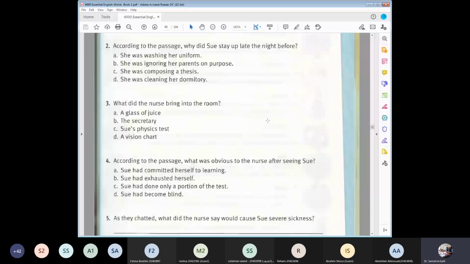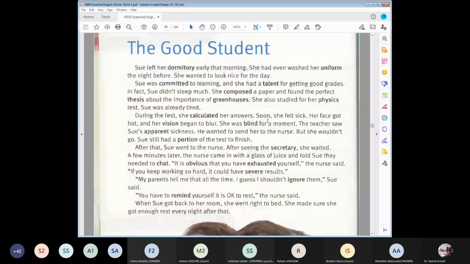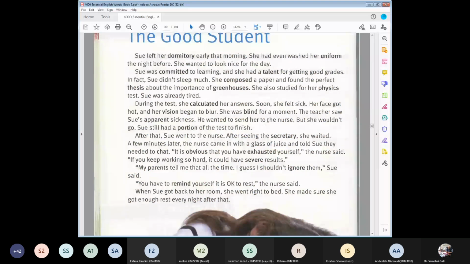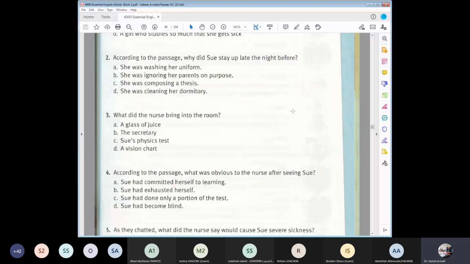Perhaps we need to go all the way back to the text and see. It's C. Okay. Yeah, correct. Let's go back and see. In the second paragraph, the second. She didn't sleep much, and then obviously because she composed that paper and found the perfect thesis about the importance of greenhouses. So that is the reason why she stayed up late before. Okay, good.